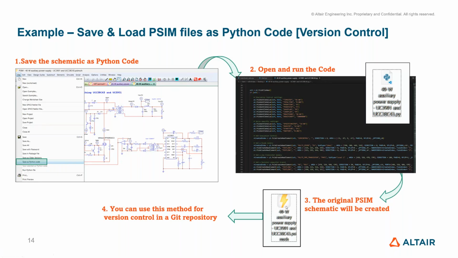Now, why is this useful? First of all, for version control, you can save your schematics and push them to a Git repository and work with changes. And you can also do other nice stuff like generating PSIM schematics with Python code using AI chatbots.